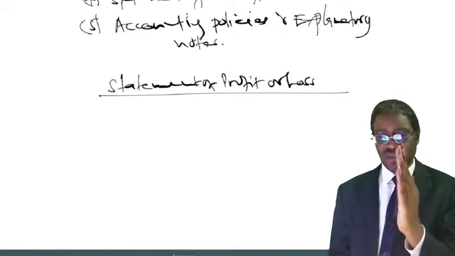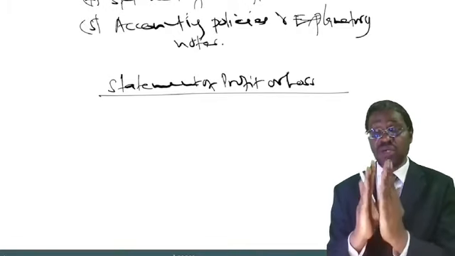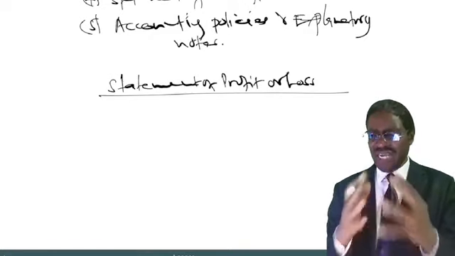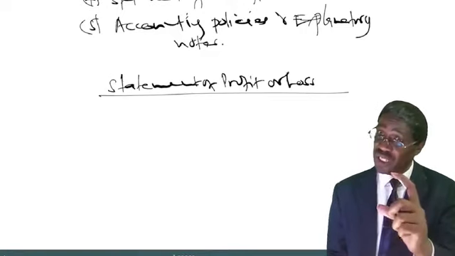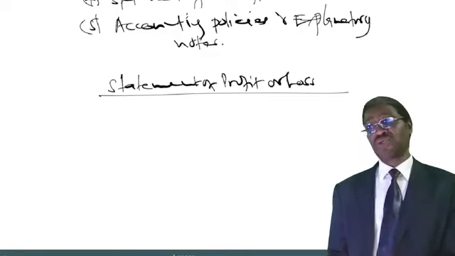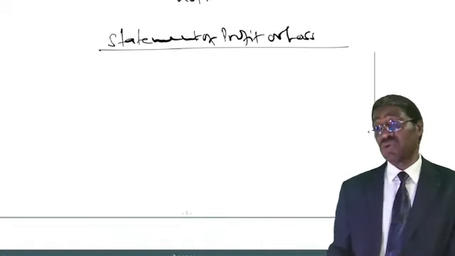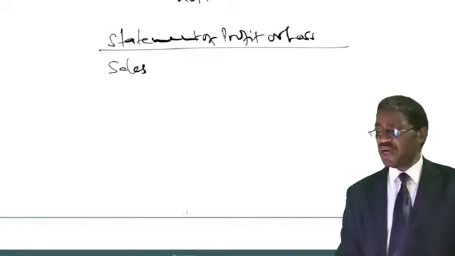Listen carefully. Before I discuss how to prepare it for purpose of publication, let me remind you of a few things on how you used to prepare this for purpose of internal reporting. You used to start with the figure for sales.